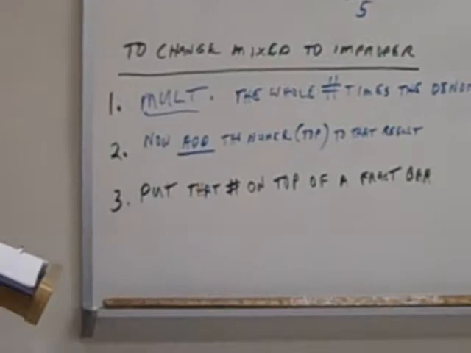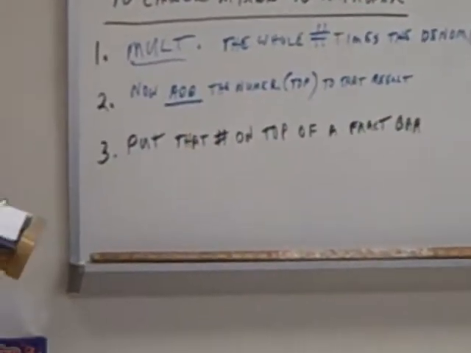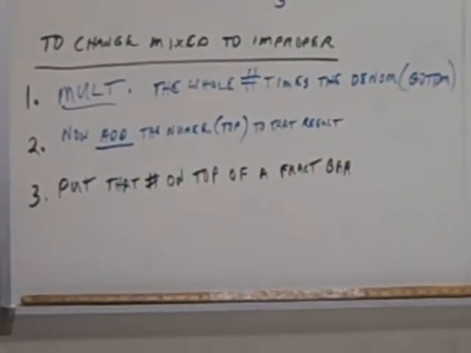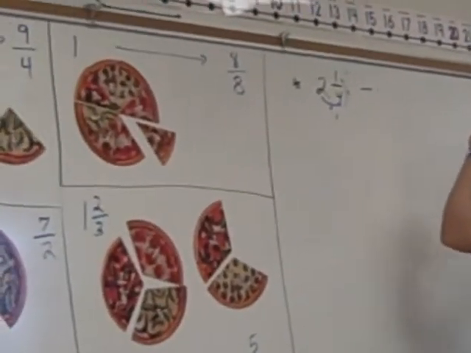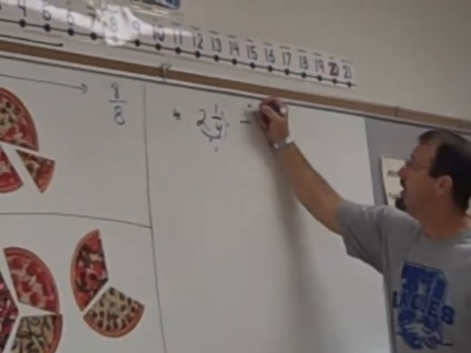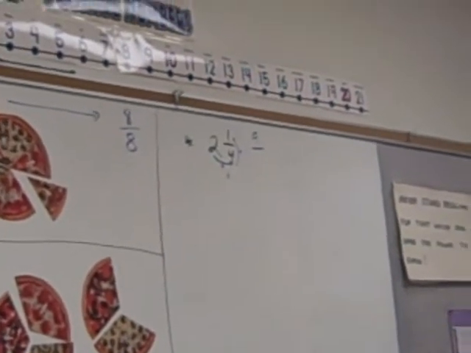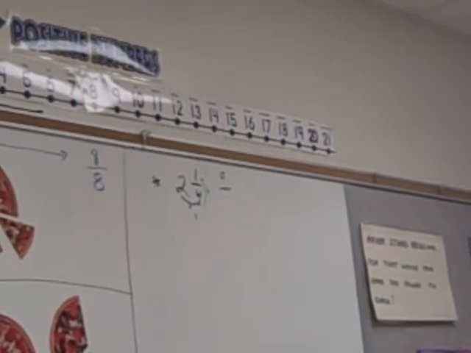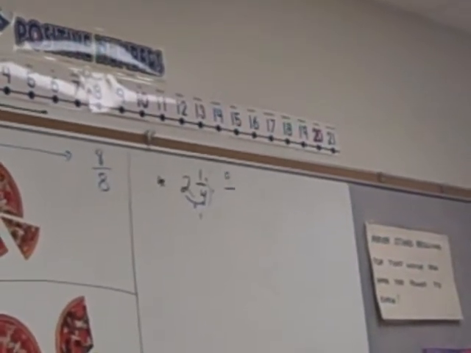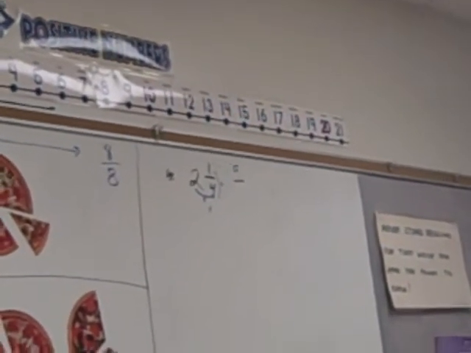Oh well, that's okay. Put that number on top of a fract bar. So I need a fract bar. And what number did we get? A 9. Put it on top. Are y'all noticing something? Are we getting what we got a minute ago when we counted pizza pieces?